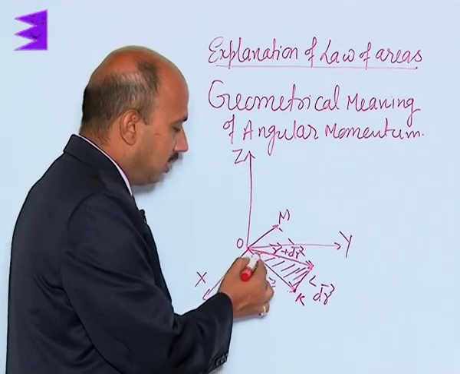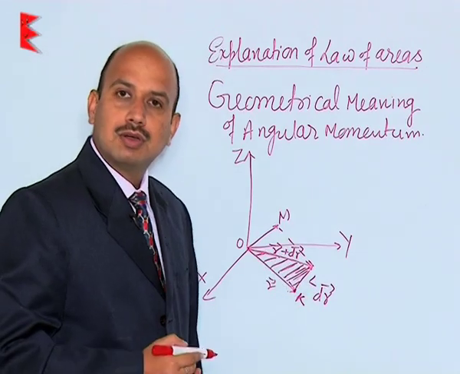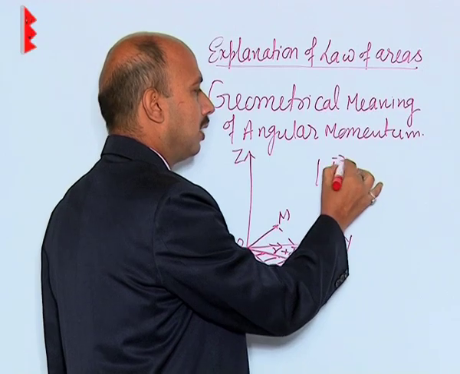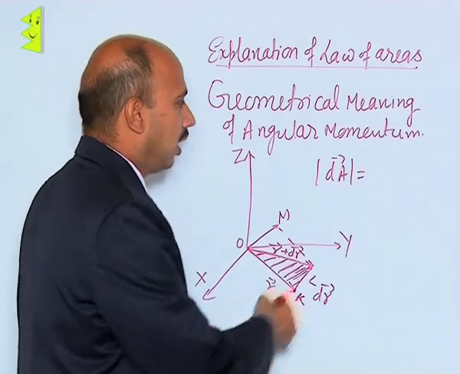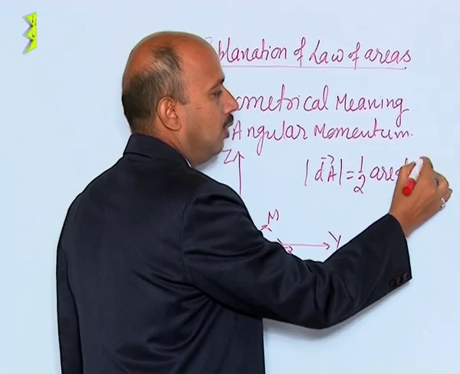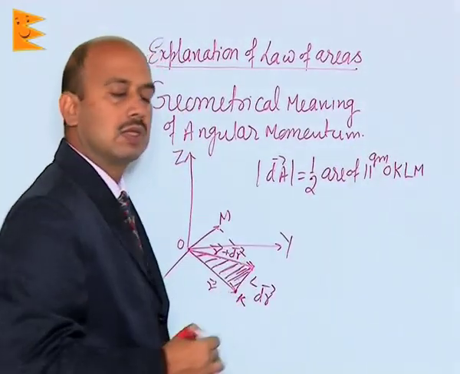Now we can see the area of this shaded portion which the particle has covered. The magnitude of this small area can be written as half the area of the parallelogram OKLM.